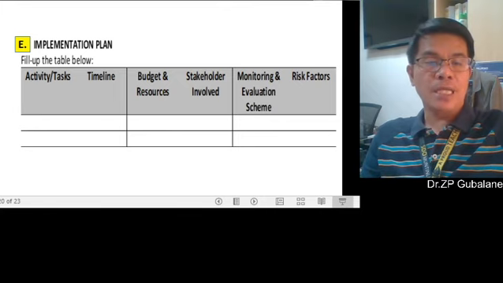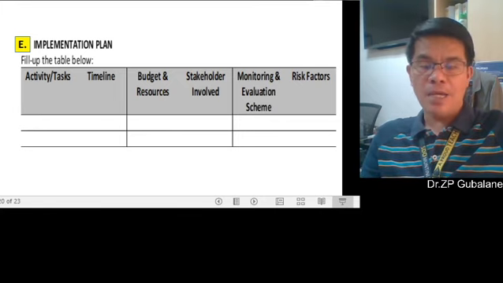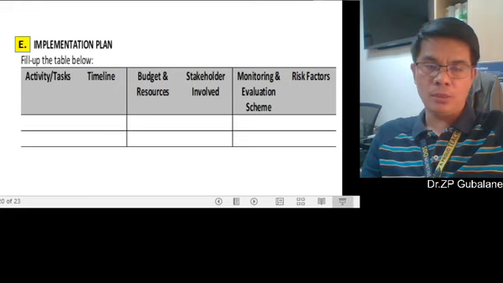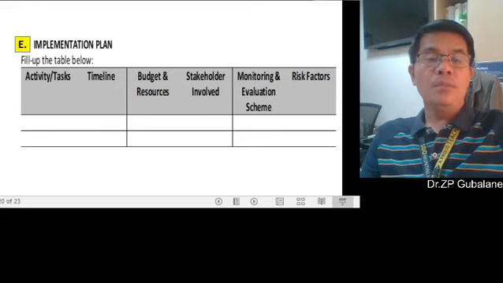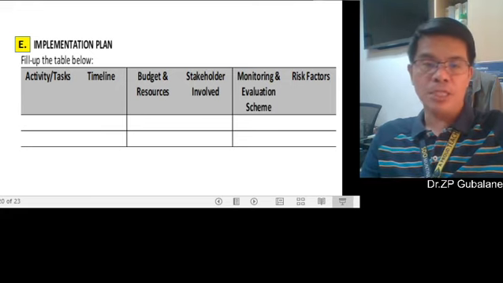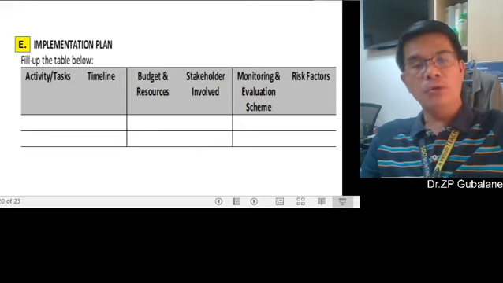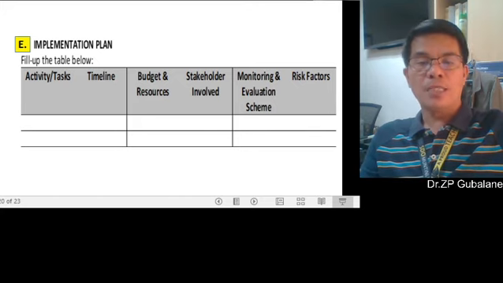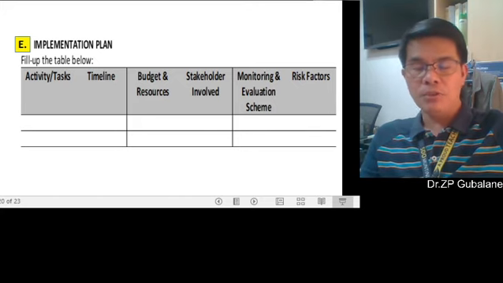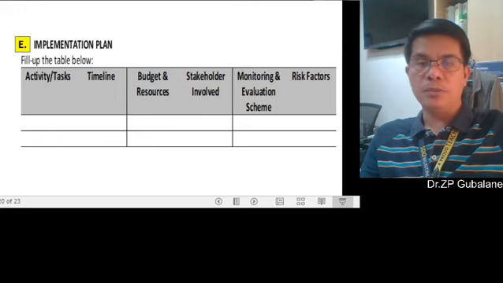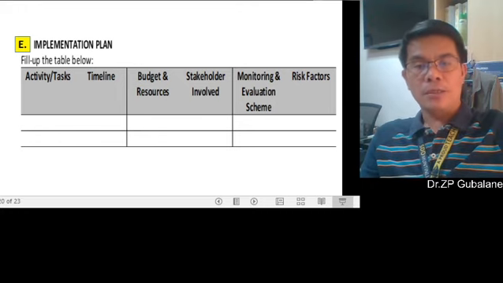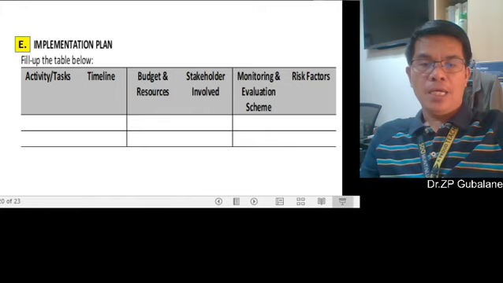At the left side, activity, task, timeline, when it will be implemented, budget needed, zero budget ba yan or with budget, who are the people involved, monitoring and evaluation scheme, meron ka bang checklist or meron ka bang anecdotal record na gagamitin? What are the possible risks? What are the factors that you might be encountering as you implement your activities? So, yan yon.